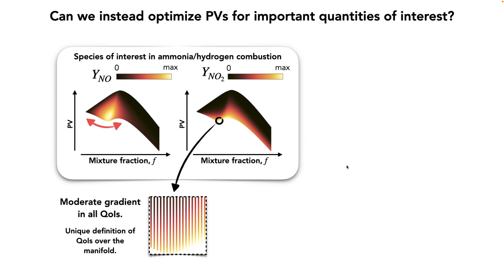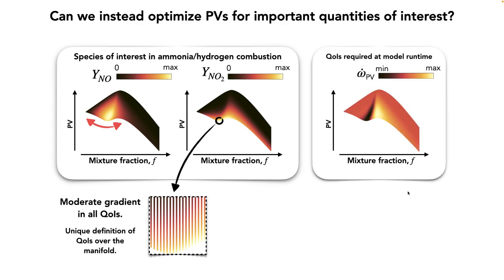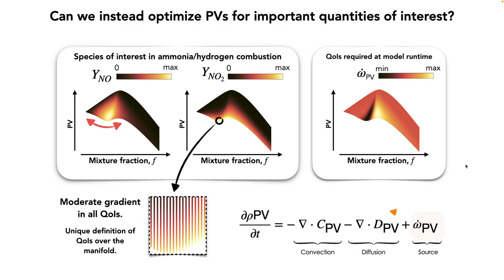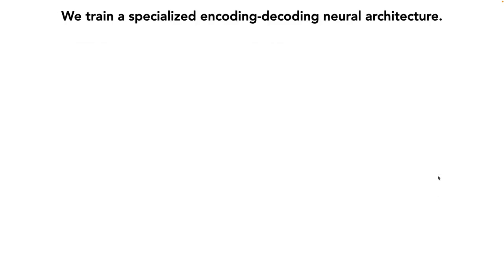We also inject as one of the important quantities of interest the source term for the progress variable, which shows up in the transport equation for the PV. And during numerical simulation, it will be crucial to predict the source term well, and therefore our optimization of a PV should also simultaneously optimize its source term.